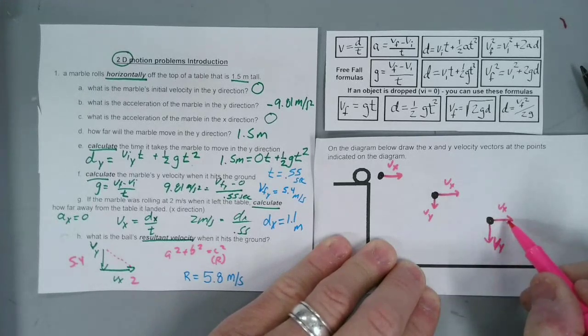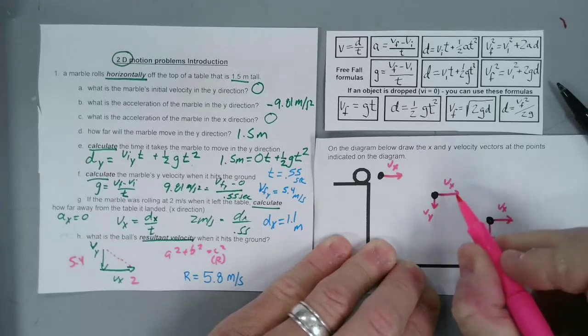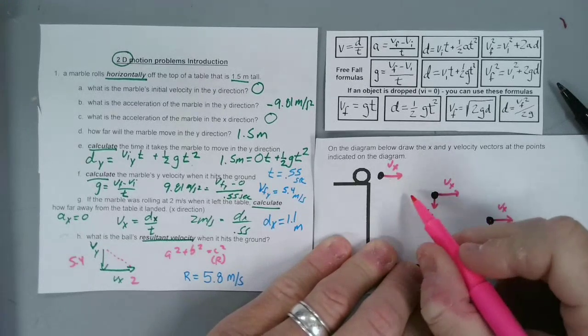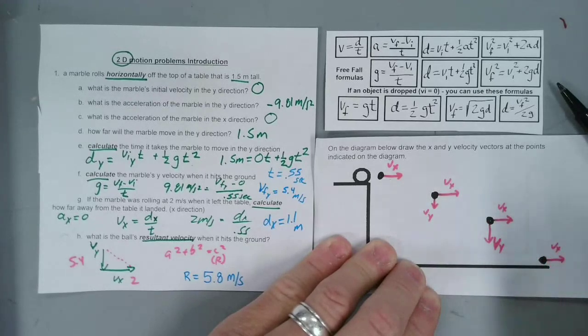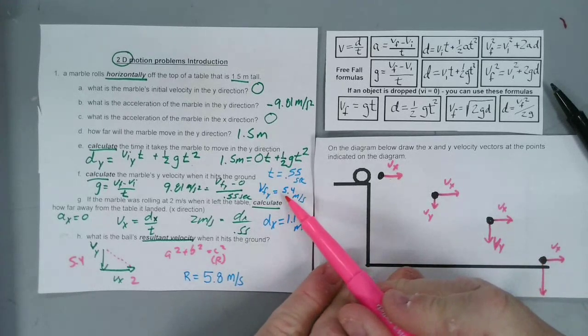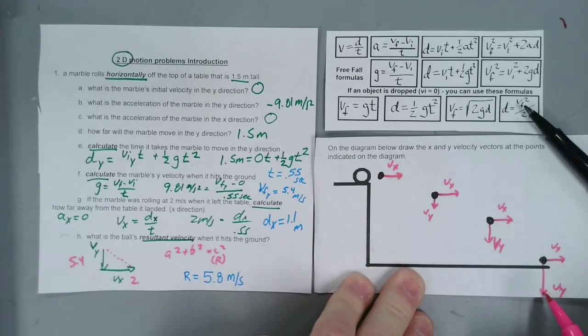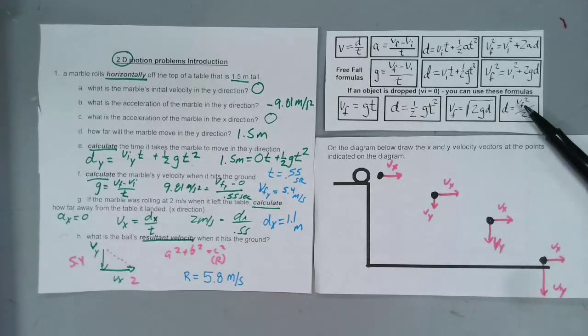Now it's going to be at least the same size as the x. When it hits the ground, the x velocity is still the same size arrow because it is constant. There's no acceleration. But when it impacts the ground, remember that that final y velocity was 5.4. We're going to draw a much bigger arrow to represent that velocity vector now, because now the y is so much bigger than the x.